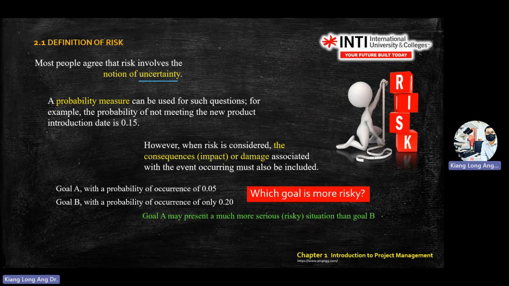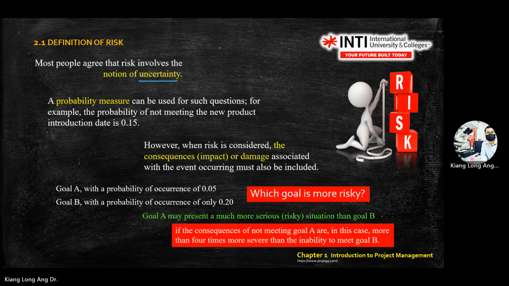goal A can be more risky than B, provided what? What kind of situation can A be more risky than B? Casualty. If the consequences of not meeting goal A are more than 4 times more severe than the inability to meet goal B, it means that maybe you have 4 projects, and these 4 projects have this goal.